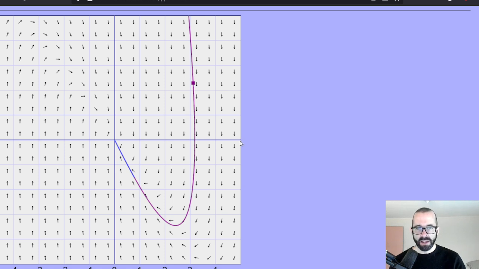Remember, the position is the x-axis, which we're calling y. The position is the horizontal axis, and the velocity is the vertical axis. So if this is our initial condition, we initially have a positive position and a positive velocity. The velocity is decreasing. Wait, that's kind of weird.